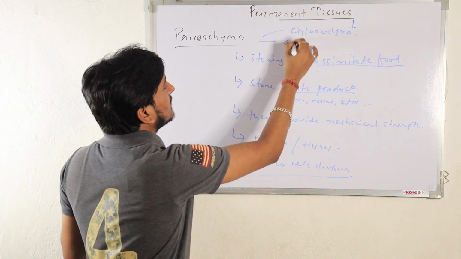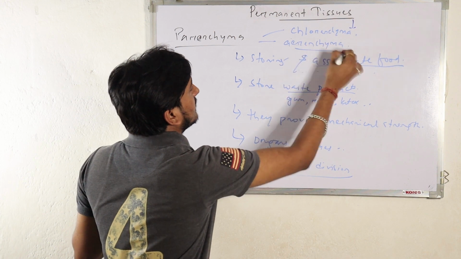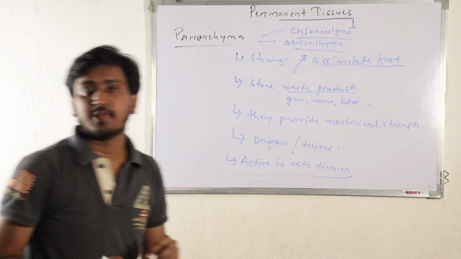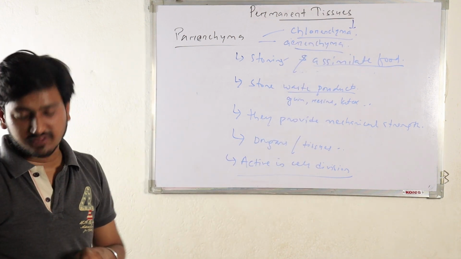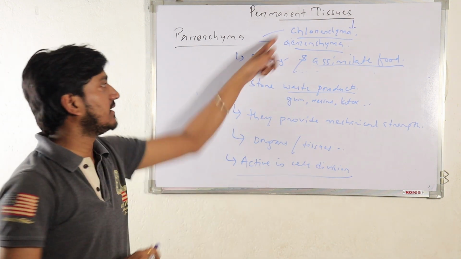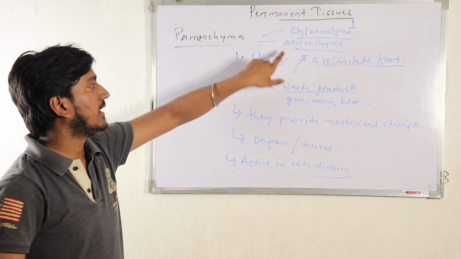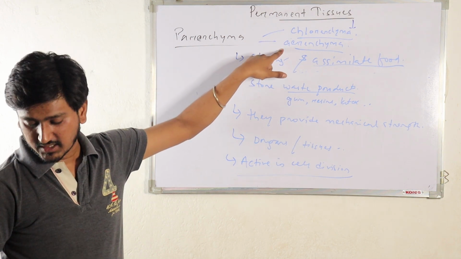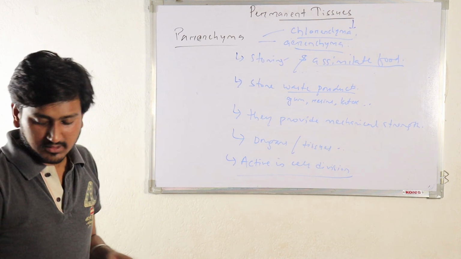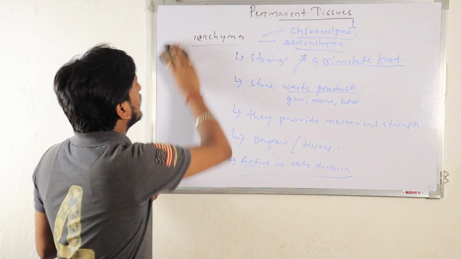And if it has air spaces between the cells, then it is called aerenchyma. Simply, the names may suggest the meaning: chlorophyll-bearing parenchyma cells are chlorenchyma, and those having air spaces are aerenchyma. So these are the basic structure, function and location of parenchymatous tissue.